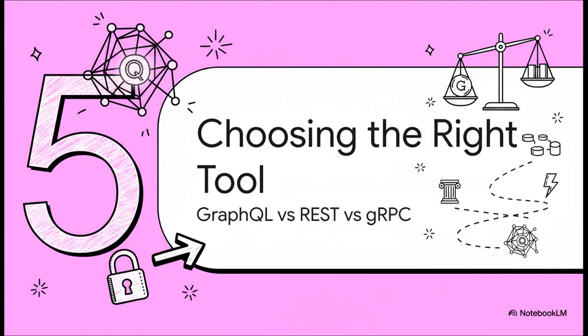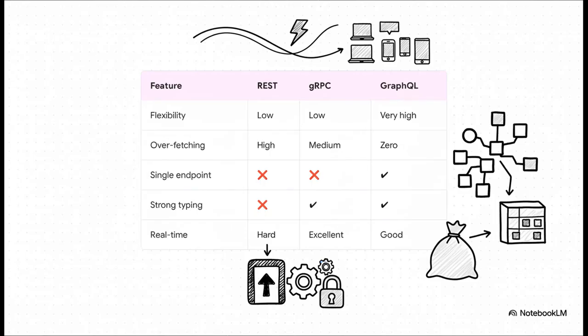So after all that, you might be thinking GraphQL is the answer to everything. Well, not always. It's an incredibly powerful tool for sure, but it's important to know when to use it. So let's actually compare it to some of the other popular ways of building APIs like REST and gRPC. And looking at it this way, you can really see where GraphQL just shines. I mean, its flexibility is completely off the charts, letting apps ask for literally any combination of data they need.